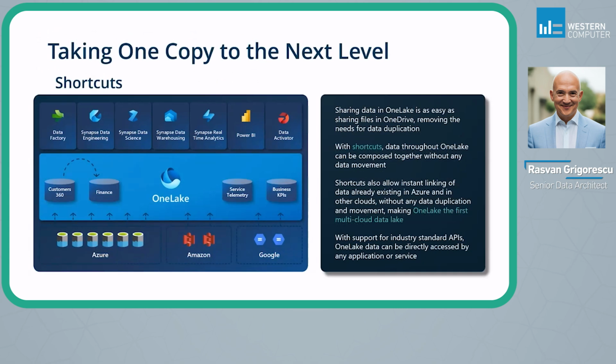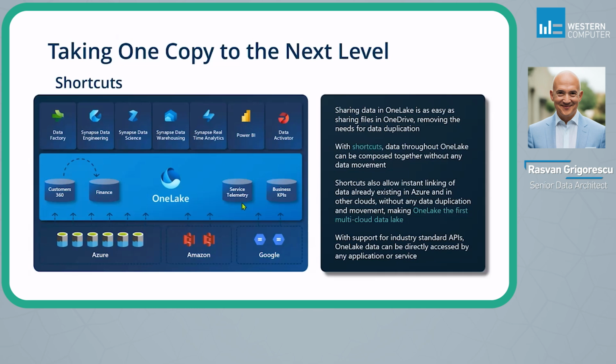Another new concept that Fabric introduces is the concept of shortcuts. With shortcuts, you are not copying data from other Azure repositories, as shown here. You are not copying data from Amazon lakes. You're not copying data from Google. You're simply shortcutting them.